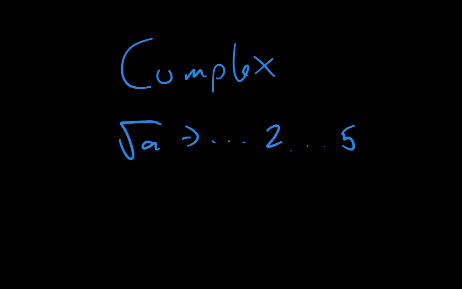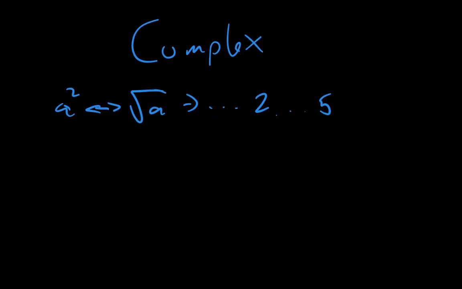For instance, it's the opposite of x, or I guess in this case we should be using a. It's basically the opposite of a squared, in a way. Kind of the opposite, not really.